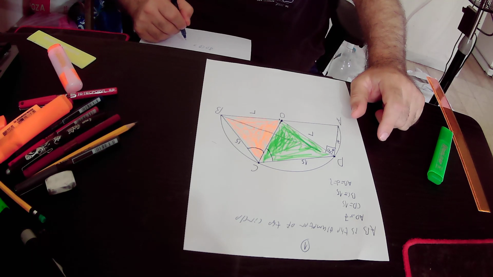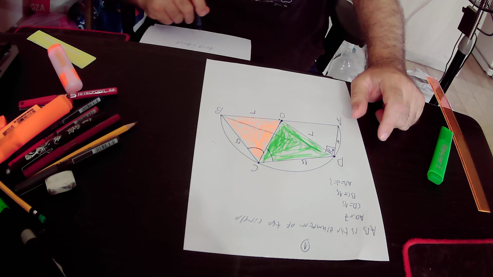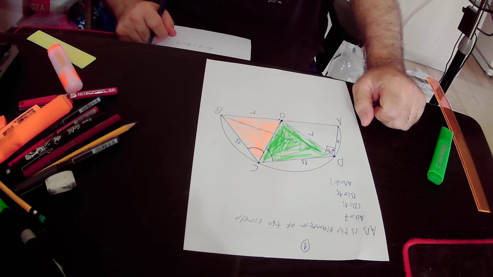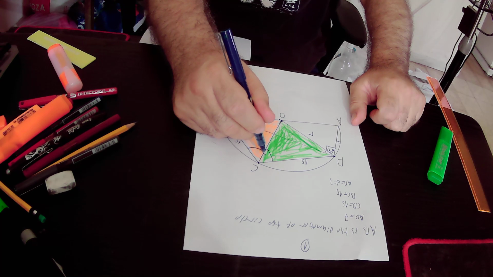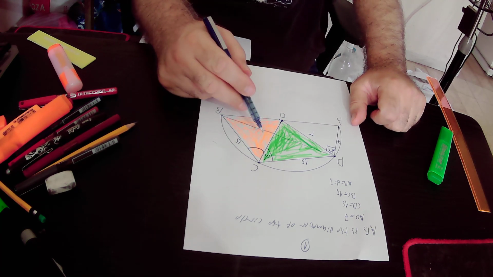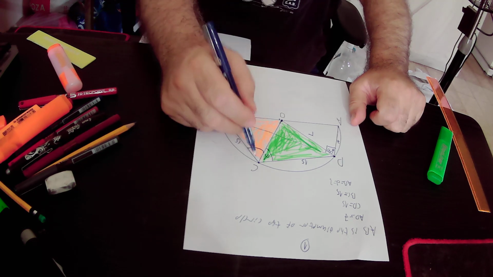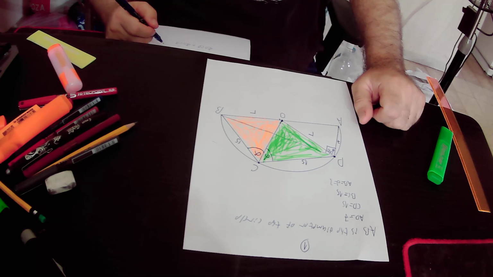If we define angle OCD as alpha, then angle OCB, which equals angle OCD, will also be equal to alpha. Okay?